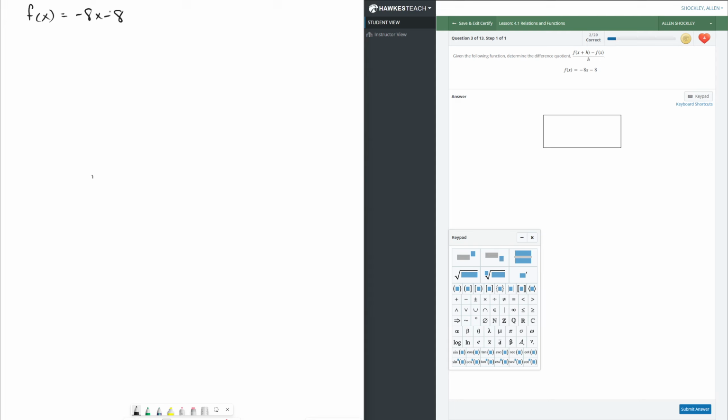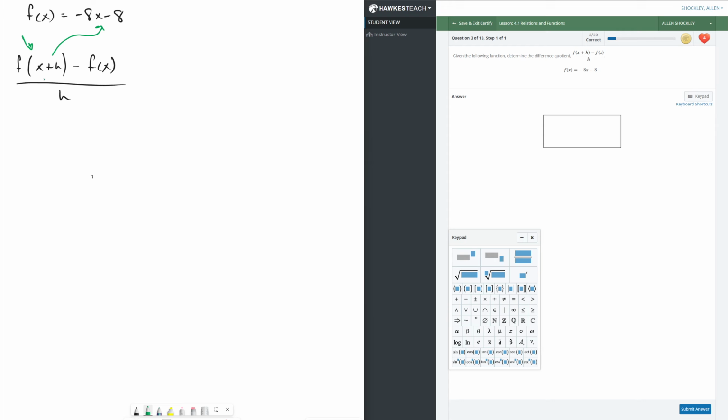And what they want us to do is determine the difference quotient, where it's f of x plus h minus f of x over h. Again, this tells us exactly what we need to do. We're going to take this function of x plus h, and we're going to shove it in right there. But we also have more things to consider.